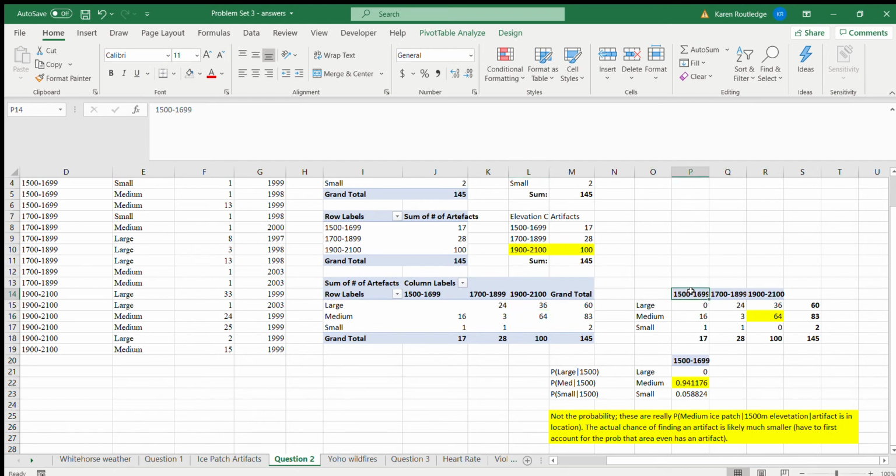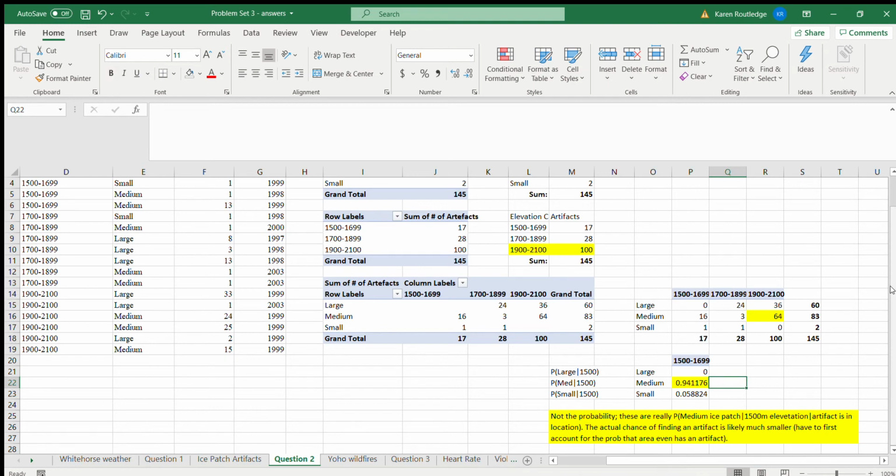We are restricted to this 1500 to 1699 category. So of the ice patch sizes in this column, the medium by far has more artifacts. It in fact has 94% of the artifacts in it. So if we are restricted to this column, we want to look in a medium-sized ice patch, highest probability.